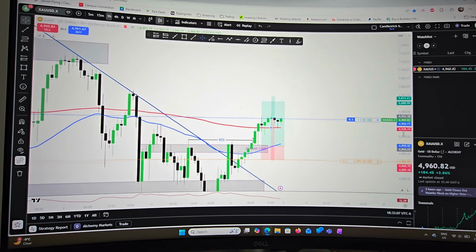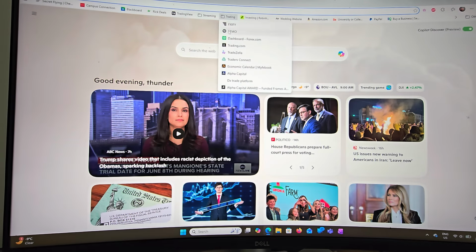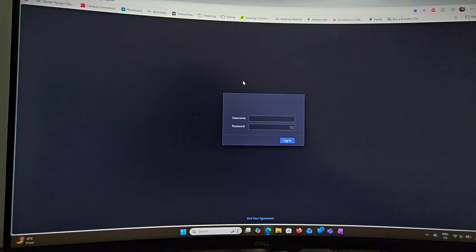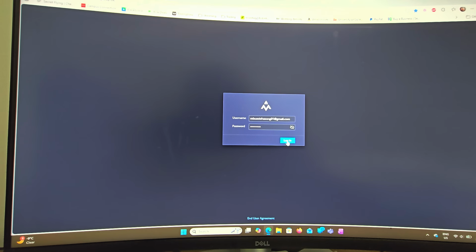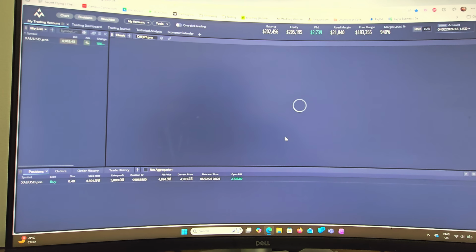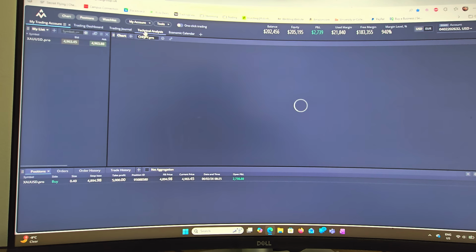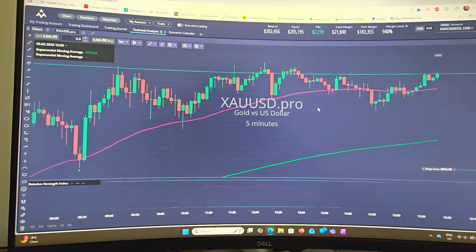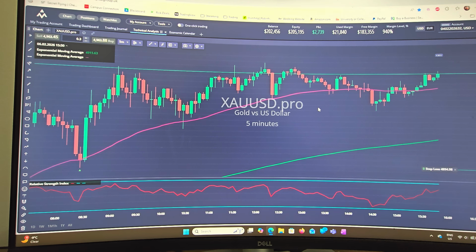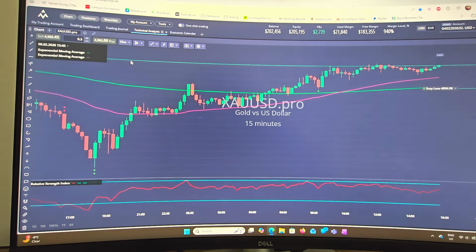But the good news is, if we go to our funded accounts on Alpha Capital, you guys can see that indeed we got tapped in on DX trade. Let's put this to a 15-minute time frame.